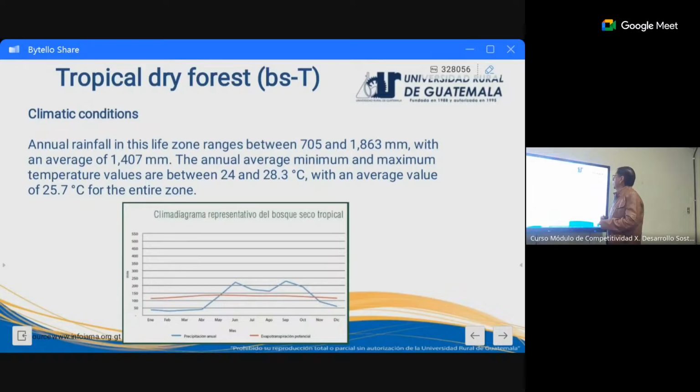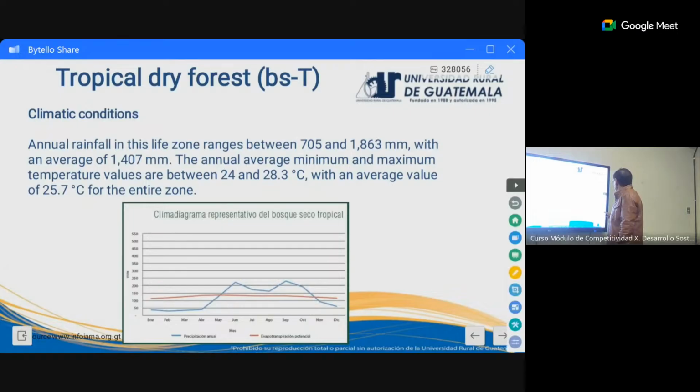The annual average minimum and maximum temperature values are between 24 and 28.3 Celsius degrees, with an average value of 25.7 Celsius degrees for the entire zone.